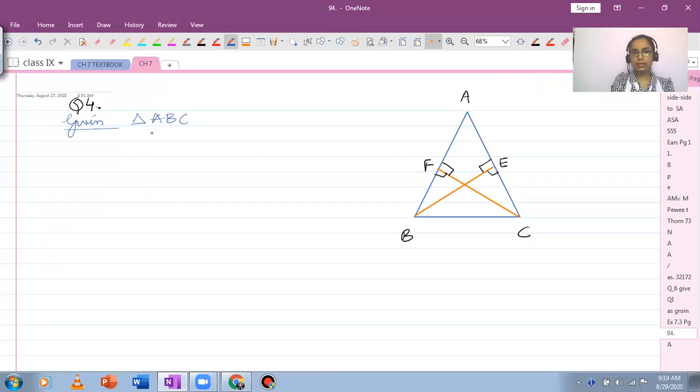So we have a triangle ABC. DE is the altitude on AC and CF is the altitude on AB. The altitudes are equal.